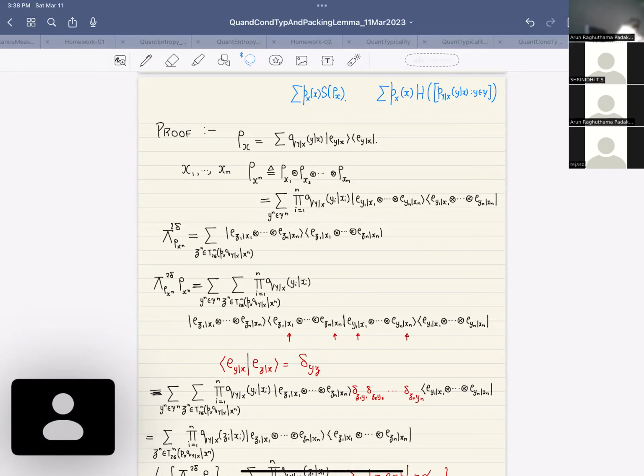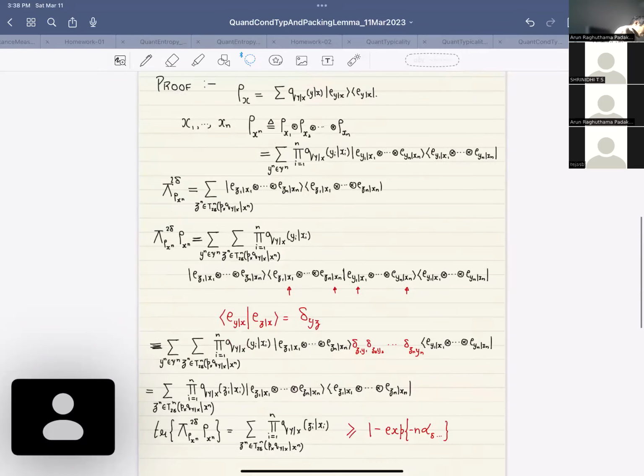He gives the proofs later on, but you can't take that proof because my definition of strong conditional quantum typicality is slightly different from his definition. But anyway, you'll get the idea. So this is 15.2.4, 2.5, and 2.6 from the book.